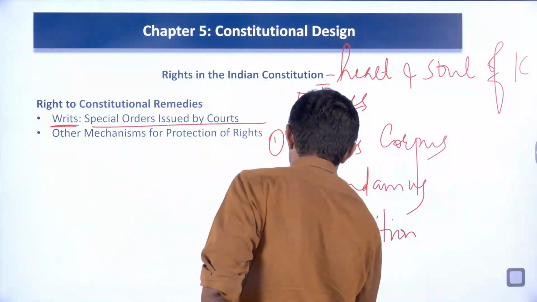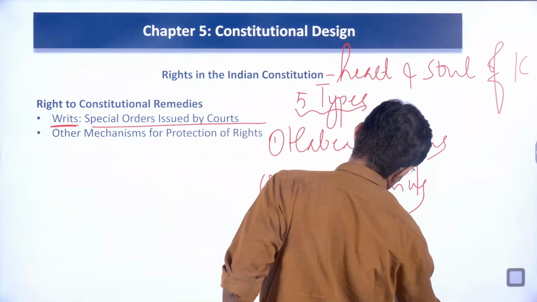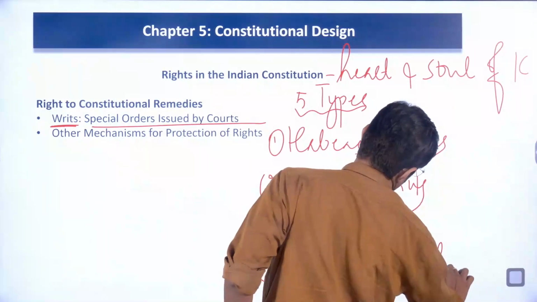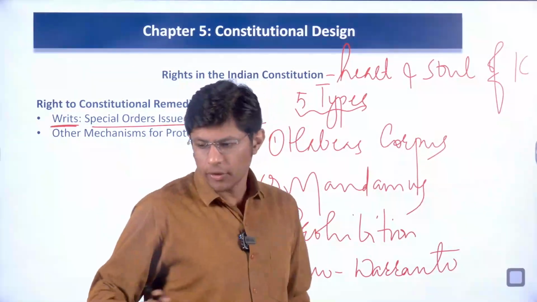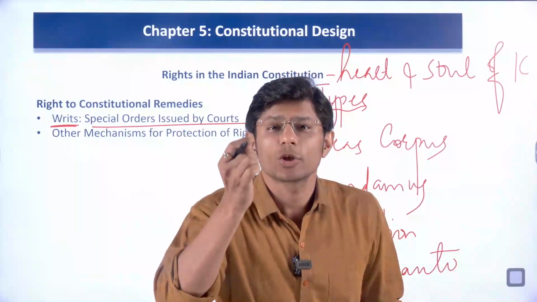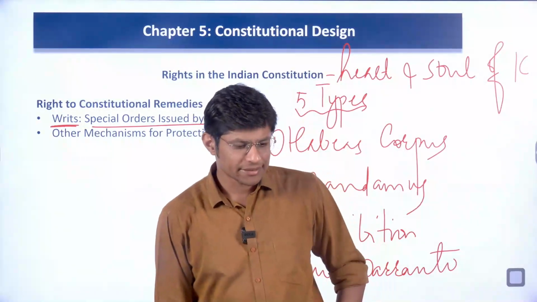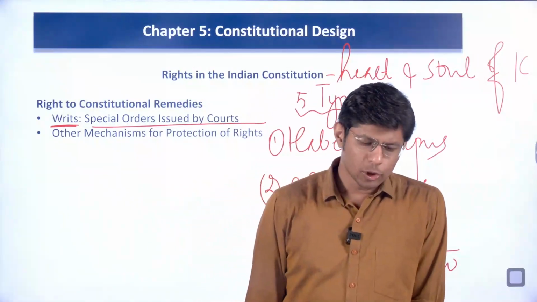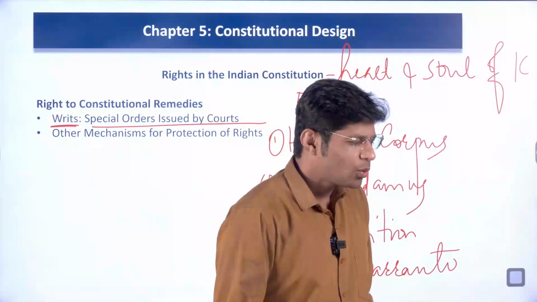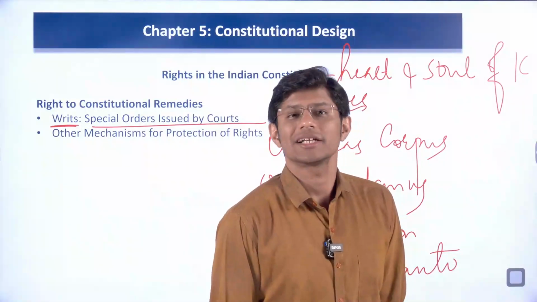The next writ is quo warranto. Now, what do you understand by quo warranto? It questions the legal authority of a person holding a public office. For example, tomorrow I cannot go to a collectorate office and sit on the chair of a district collector.